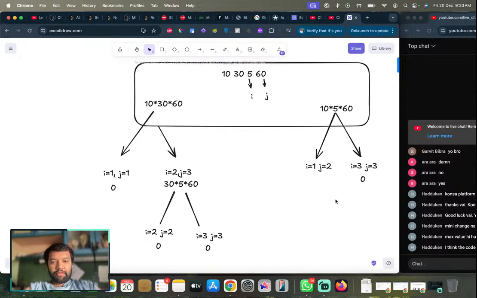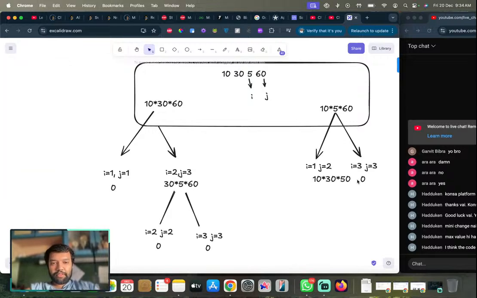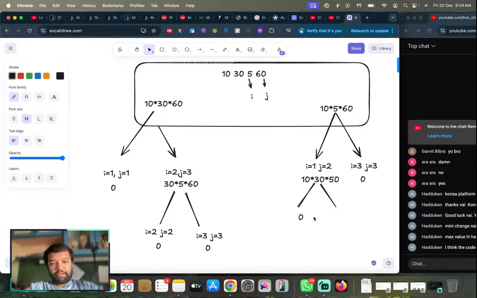And both will get 0, but this itself will give 10 into 30 into 50. Okay, so whatever the answer for this, it will give us 0.